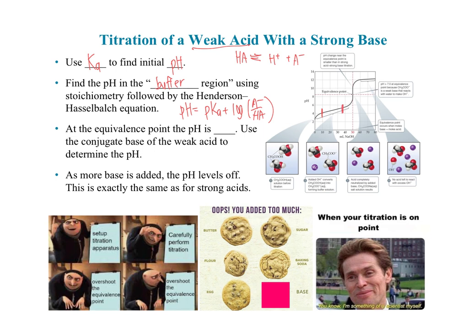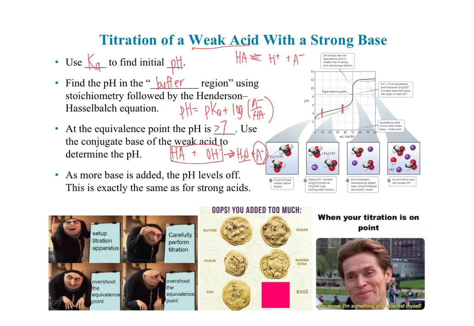At equivalence point, my pH is going to be greater than 7. And this is because at equivalence point, if I have HA plus a hydroxide, for example, creating, forward reaction only, water and conjugate base. So when I have equal amounts of this, I just have water and conjugate base.